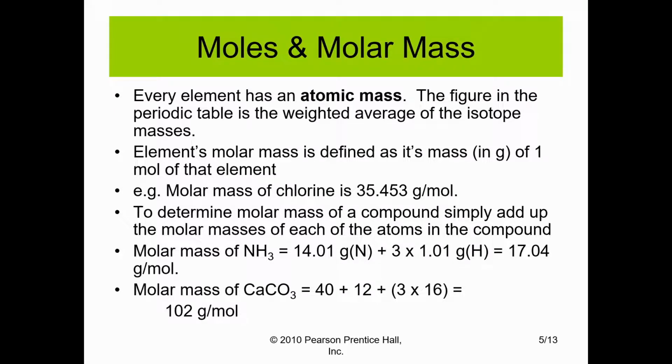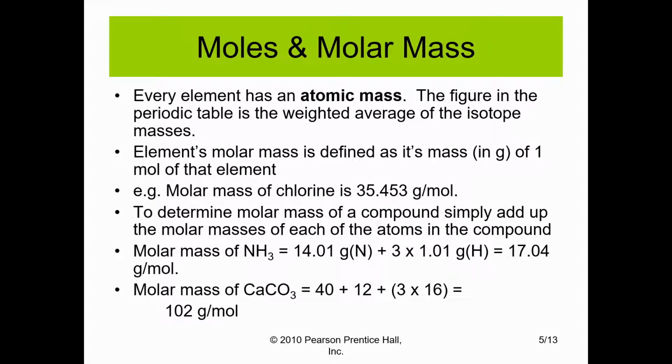Every atom has its own atomic mass, and this is specific to each element. We can find these numbers on the periodic table. And when we go to determine the molar mass of a compound, we're going to add the atomic mass of every element that's present in that compound.